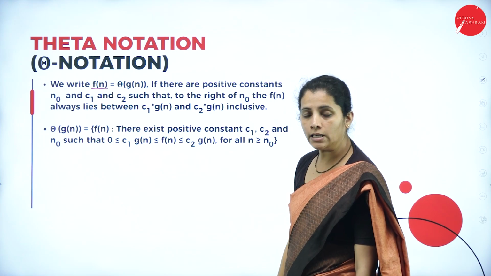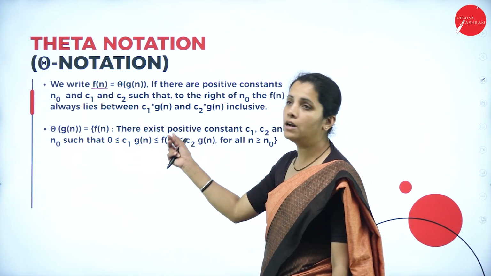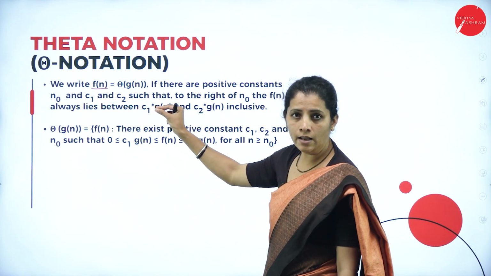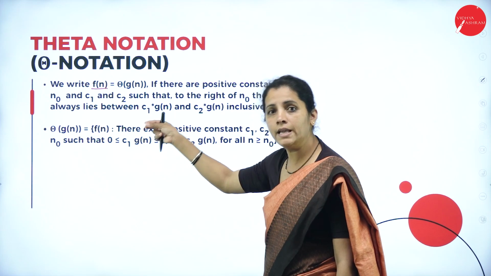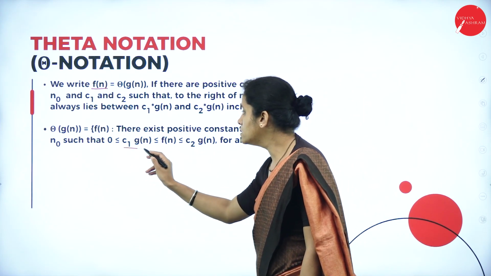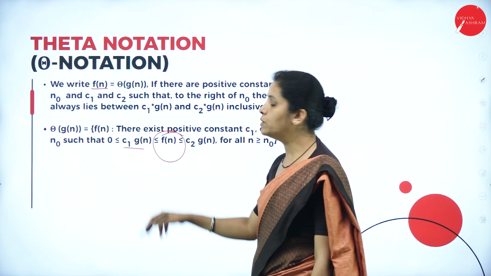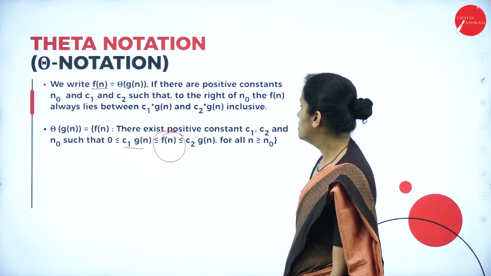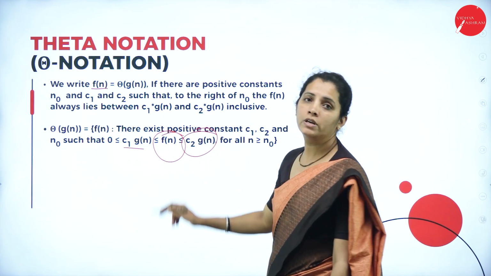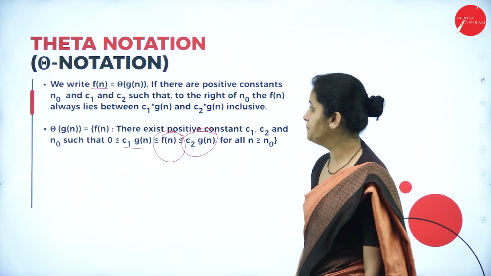I'm going to select C1 and C2 in such a way that C1 must be less than f of n and f of n must be less than C2. So I'll write C1 of g of n, which is less than or equal to f of n, which is less than or equal to C2 of g of n. This is nothing but the average time complexity.